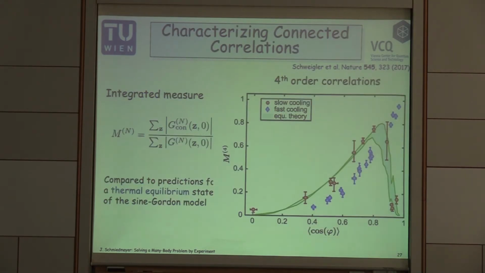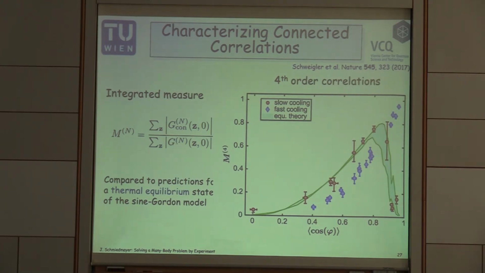Of course, you can also give an integrated measure. So you take the connected part of the correlation function and sum it over the whole fourth order correlation function and divide it by the full fourth order correlation function. So it tells you how important the connected part is in the fourth order correlation functions.